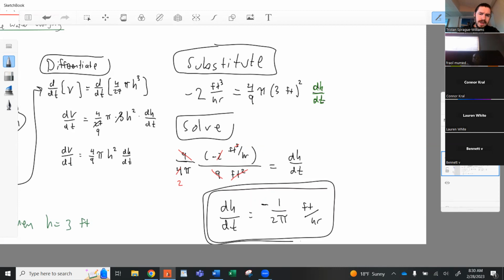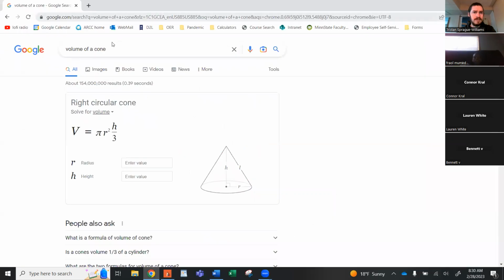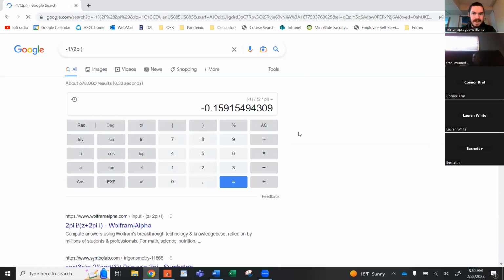And that's my answer. And if you want to get a numerical version of that, you can pull out your calculator, or you can ask your AI chatbot, what's -1 divided by 2 pi? -0.16 approximately.